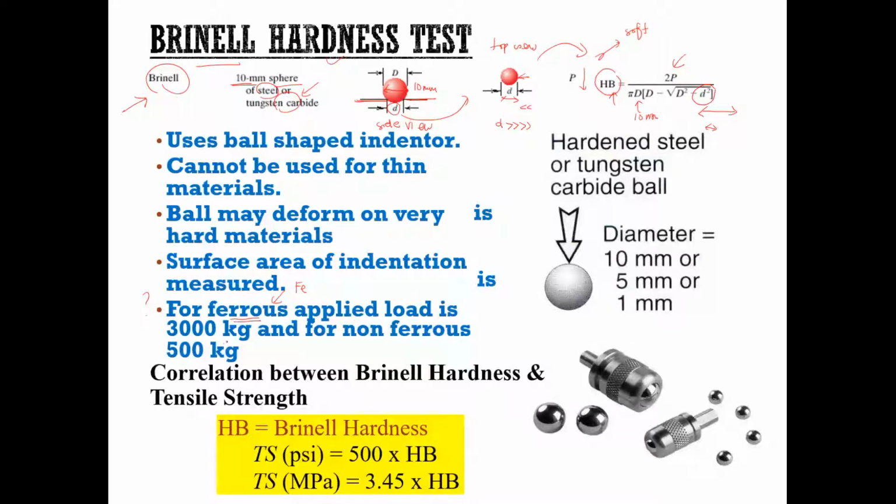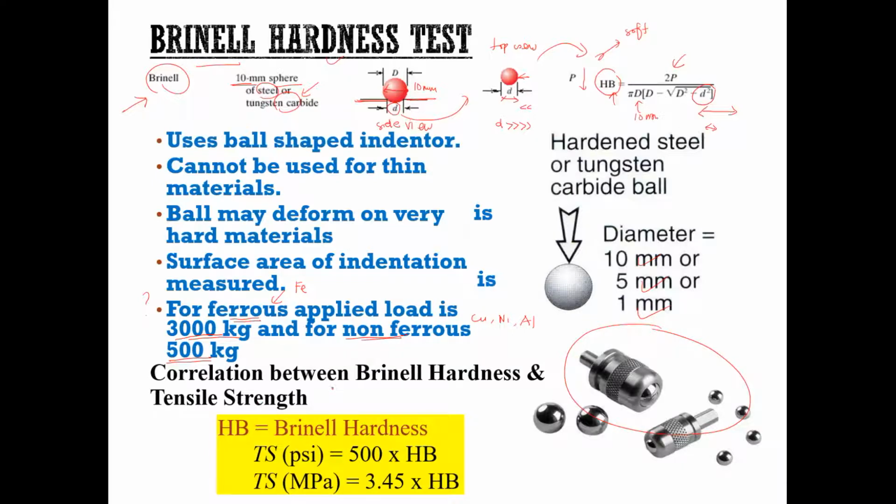So we can use 3000 kilogram as the load. And for non-ferrous material, for example copper, nickel, or aluminium, we can use 500 kilogram as the load. These are some examples of the indenter, either 10 mm or 5 mm or even 1 mm. You can choose any one of these.